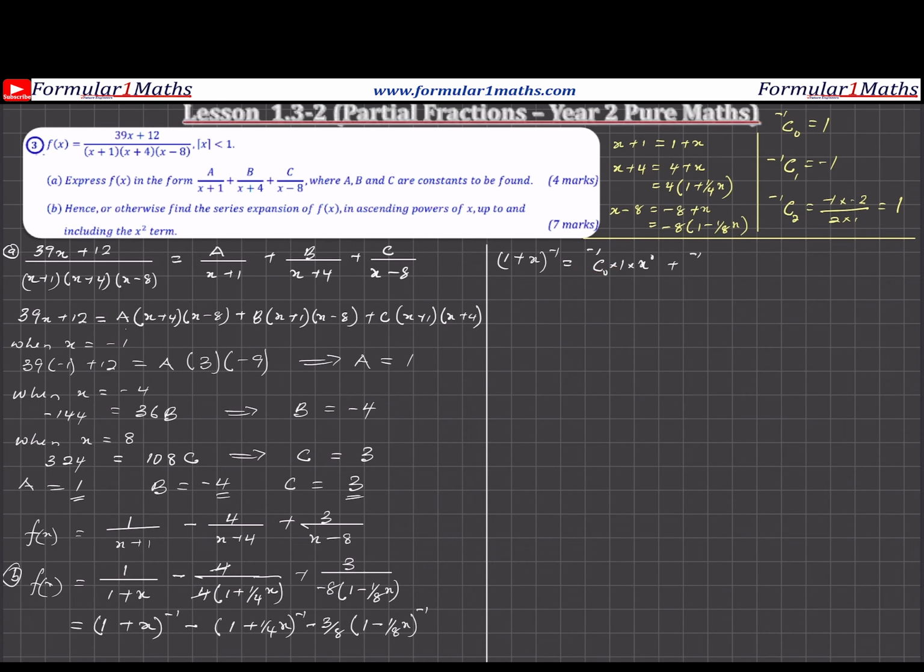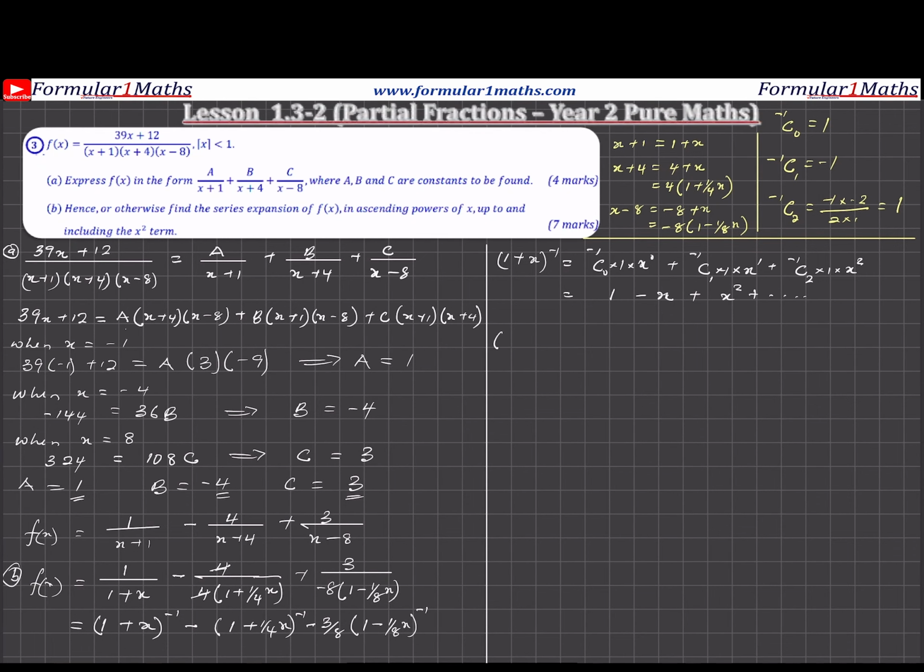Plus minus 1 C1 times 1 times x to the power 1, plus minus 1 C2 times 1 times x squared. That will simplify to 1, because this is 1 and that will be 1 like we said over here. And then this will be minus x, because minus 1 C1 is minus 1 times x to the power 1 is x, and then plus x squared.